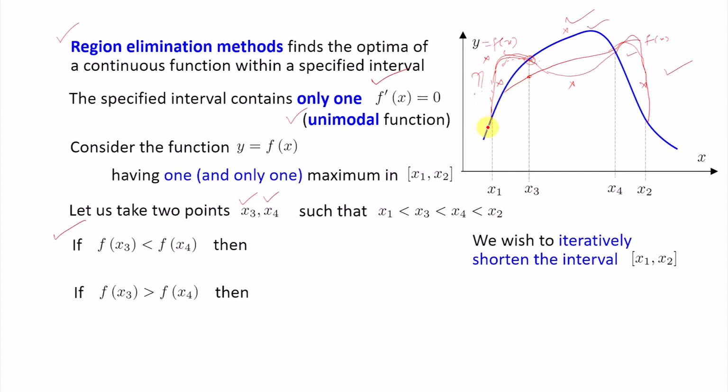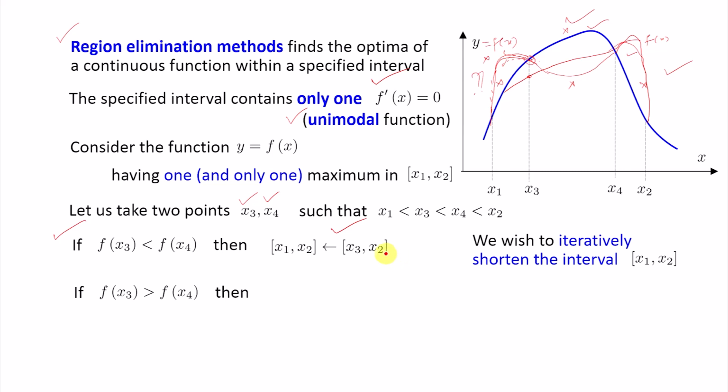So we can discard x1 and replace it with x3, because the maximum can be within x3 and x4, and also within x4 and x2. We can clearly say that the maximum will be within x3 and x2. So we can replace the interval x1, x2 with x3, x2.